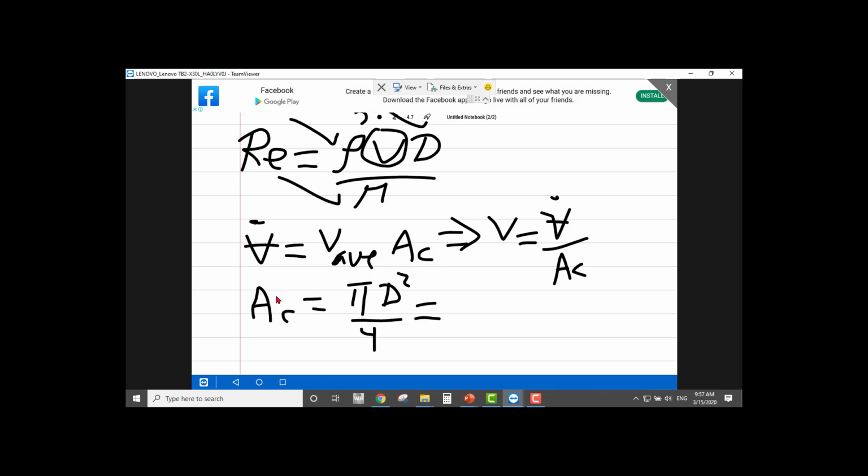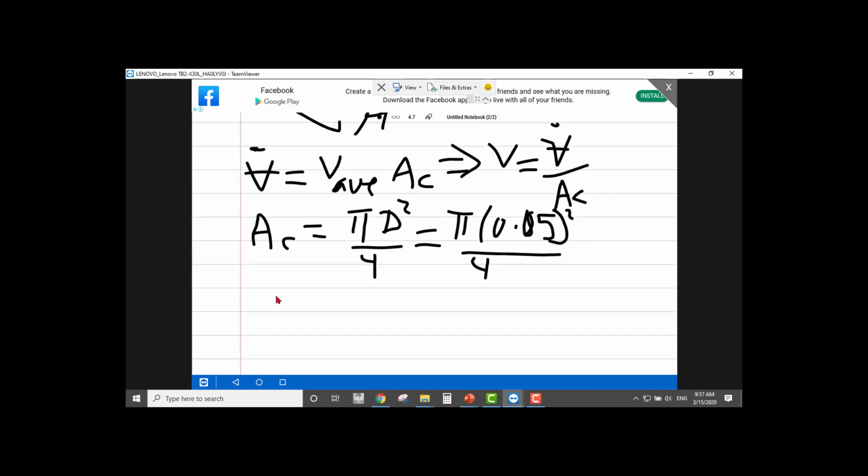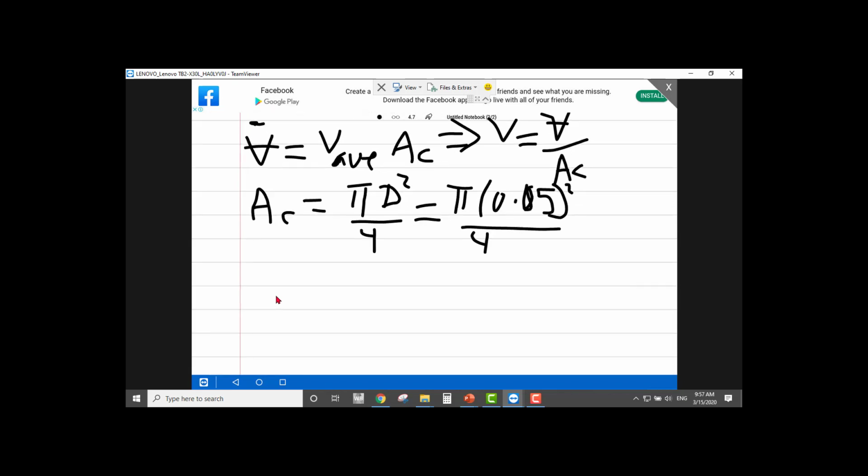This is equal to pi multiplied by 0.05 squared divided by 4, and this is equal to 0.001963 meter square.